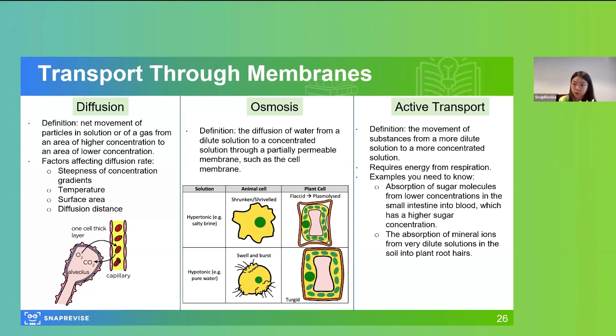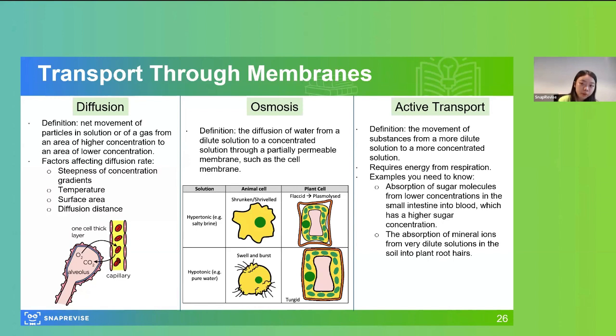They're very thin, so short diffusion distance. Alveoli have a very large surface area. Same with villi, they have a very large surface area, and they also have a lot of microvilli, which increase the surface area. That's what you need to know for AQA specifically, but generally everyone else does need to know the factors affecting diffusion rate. This goes with everyone else.